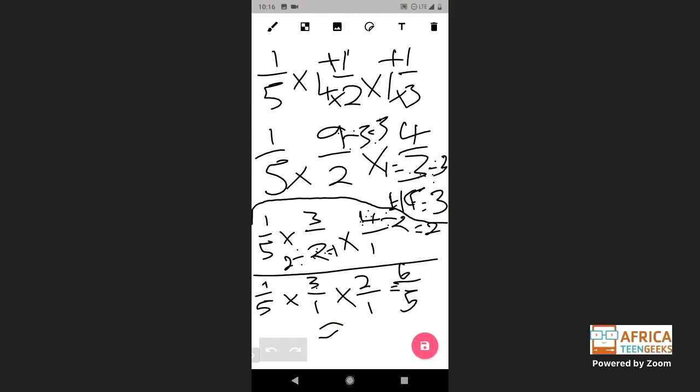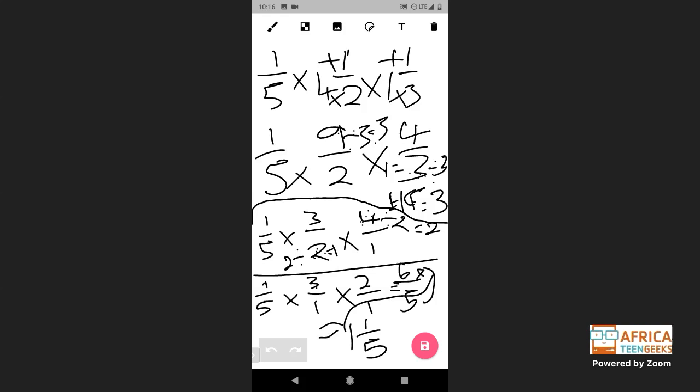So our mixed fraction will be 1 and then 1 over 5. How many times does 5 go into 6? It goes 1 time. And what is the remaining number after that? So when you take your 5 from a 6, what will remain? The number that will remain is 1.